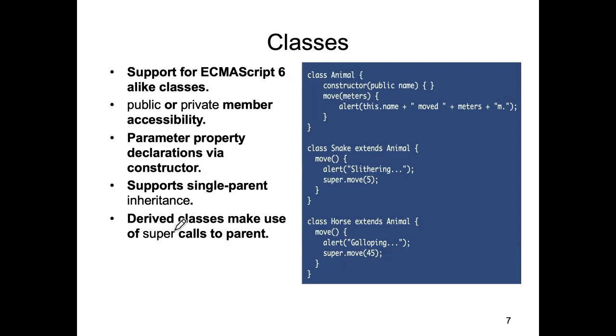And you also have this special super variable. If, in a subordinate class, you want to refer to a method of its superclass, you can use the super keyword to do that. I think you have an example of it over here, right? So you can look at that code yourselves later on, but there are no surprises there.